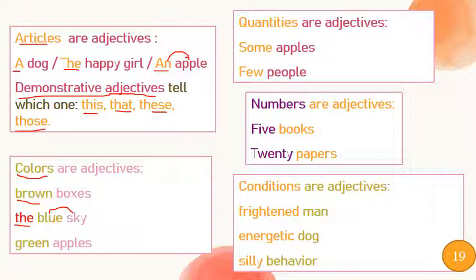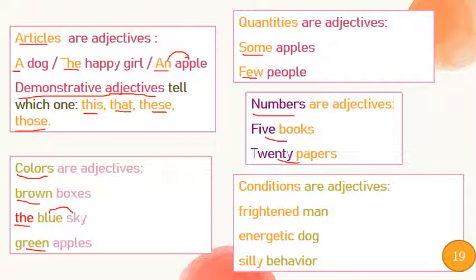Green apples. Also, adjectives could be quantities. Quantities like what? Some, few, many, several. So these are also called adjectives. Read the word. If it's describing a noun, then it is an adjective. Numbers also, like 5 books, 20 papers, 15 boys, for example.